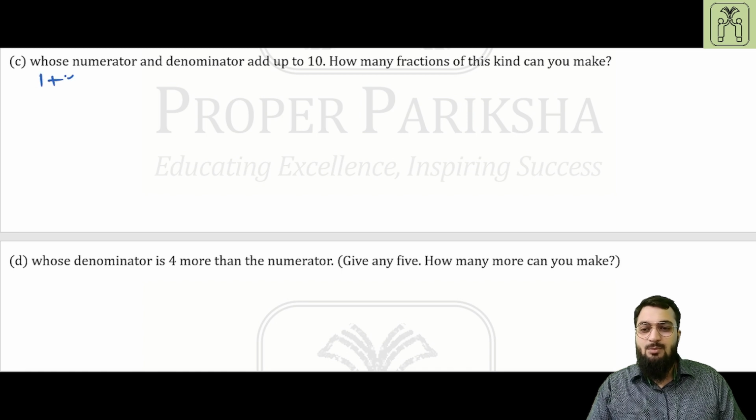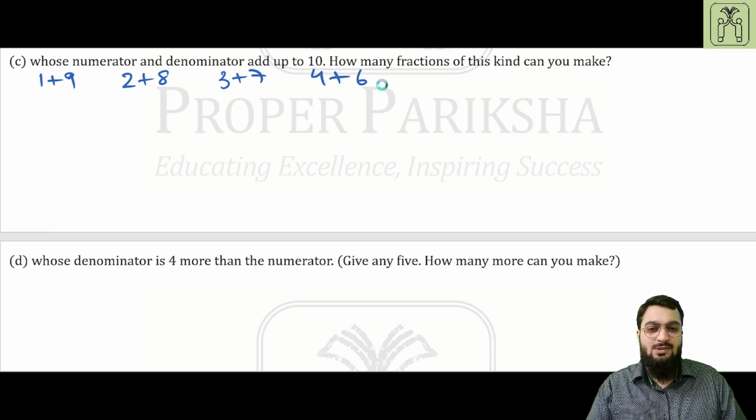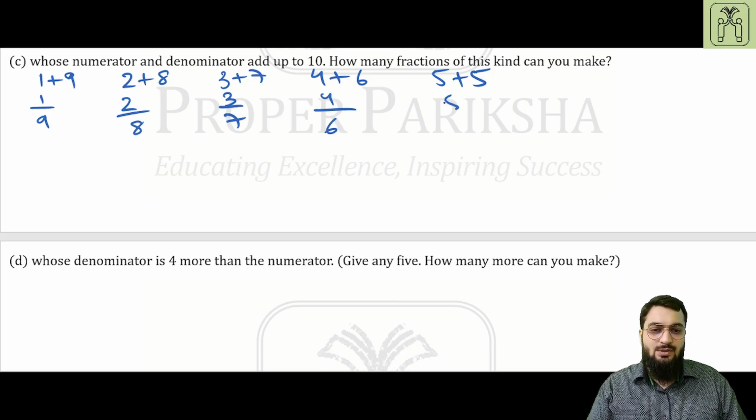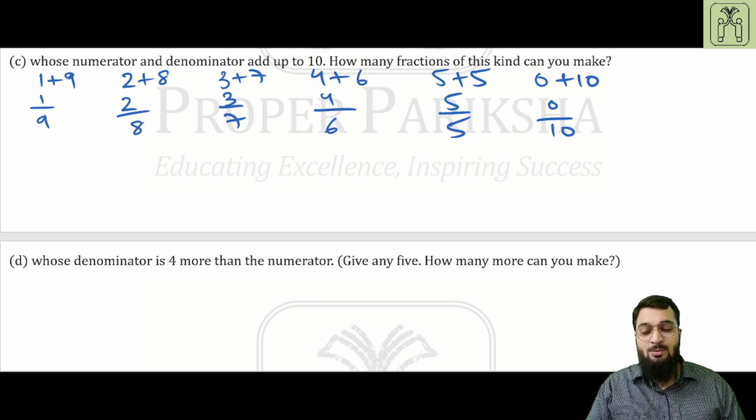So you can make 1 upon 9, 2 upon 8, 3 upon 7, 4 upon 6, 5 upon 5. There is also one more, that is 0 plus 10. So 0 upon 10. Do not write 10 upon 0 because of the rule mentioned earlier.